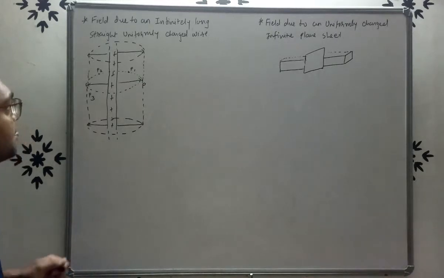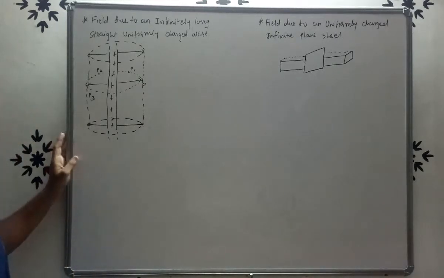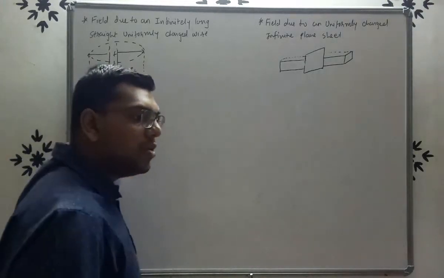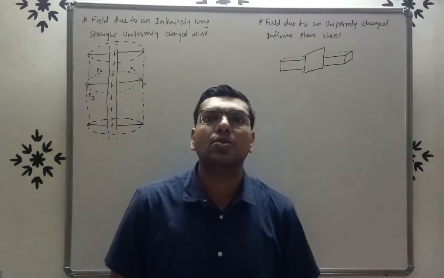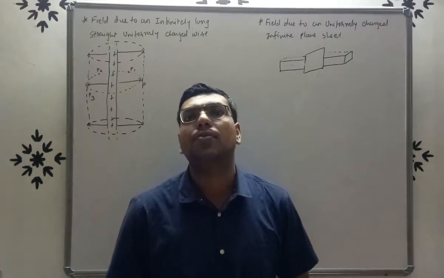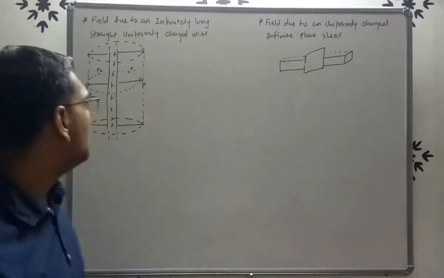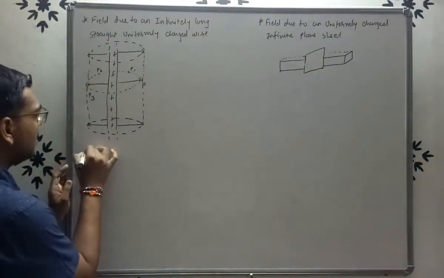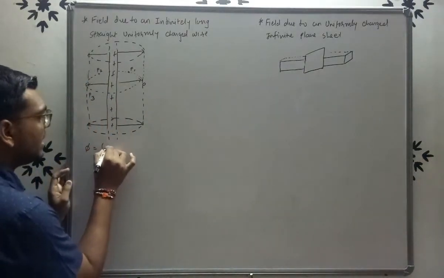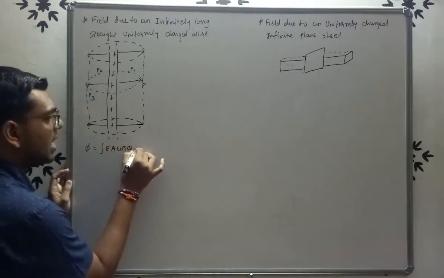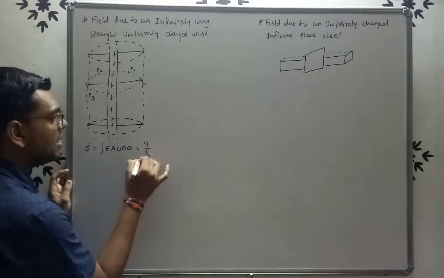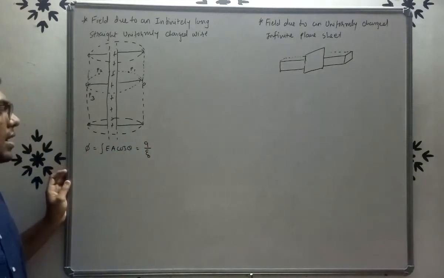Here we have to find the electric field, but to find the electric field we have to use the formula of flux, right? And we know the formula of flux. Flux phi is equal to integration of E A cos theta, equal to Q by epsilon 0, right?